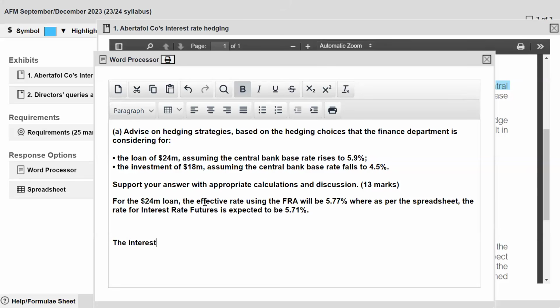The interest rate futures should be used for the $24 million loan.